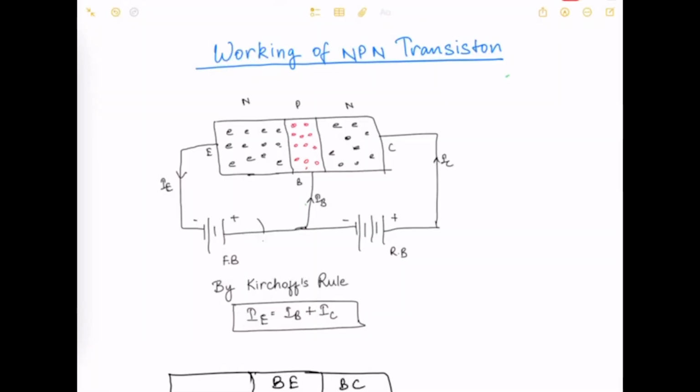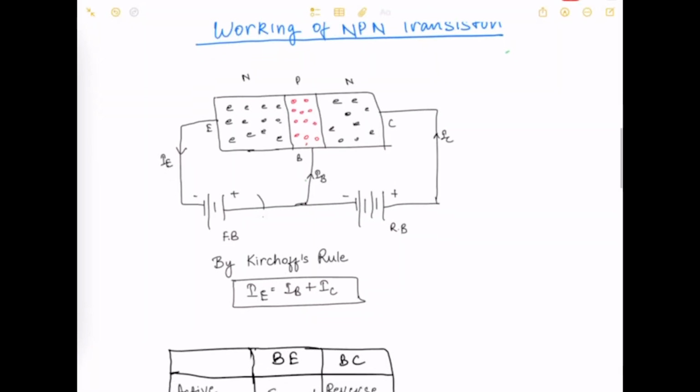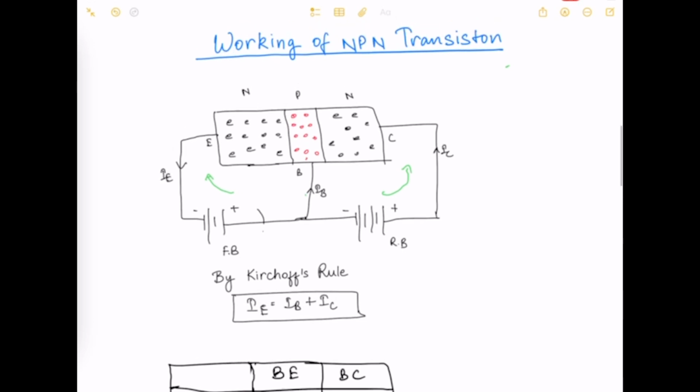For the working of an NPN transistor, as we know, this part of the transistor is forward biased and this part of the transistor is reverse biased. So, when a small voltage in the forward bias direction is applied, the depletion region is thin in the forward bias.